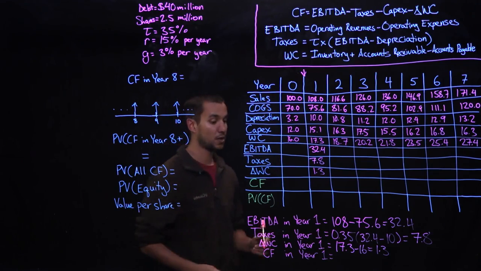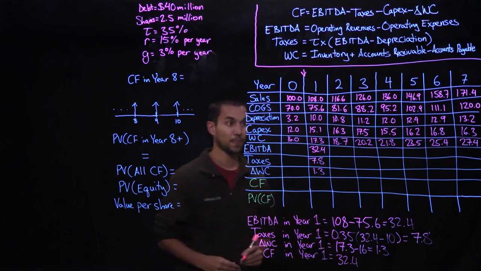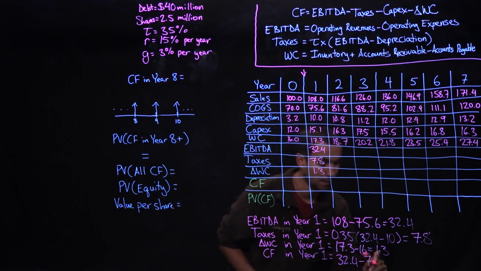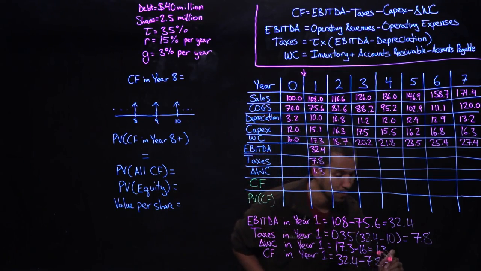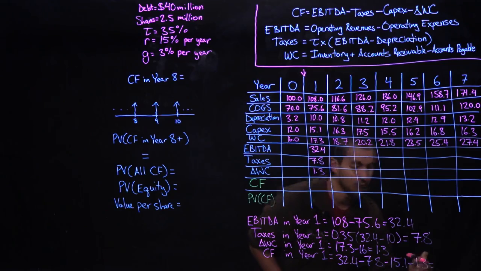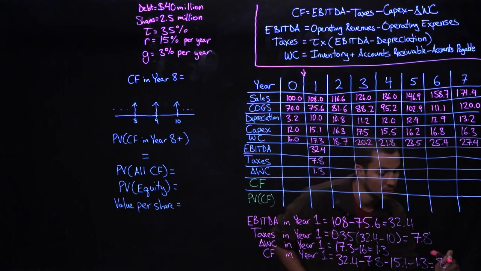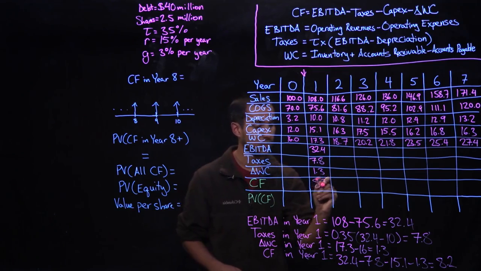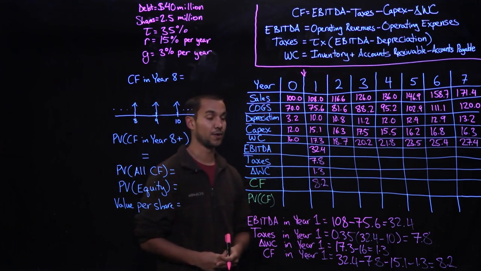The cash flow in year one is going to be our EBITDA, $32.4 million, minus our taxes, 7.8, minus our capital expenditures, 15.1, minus the change in working capital, 1.3. And when we do that, we get a value of $8.2 million. So our cash flow is $8.2 million.